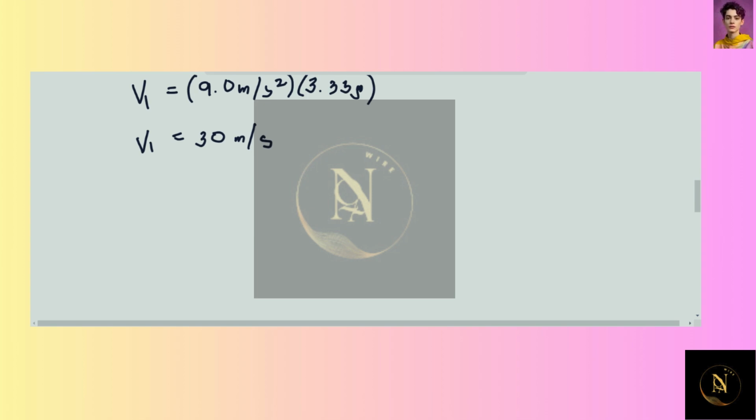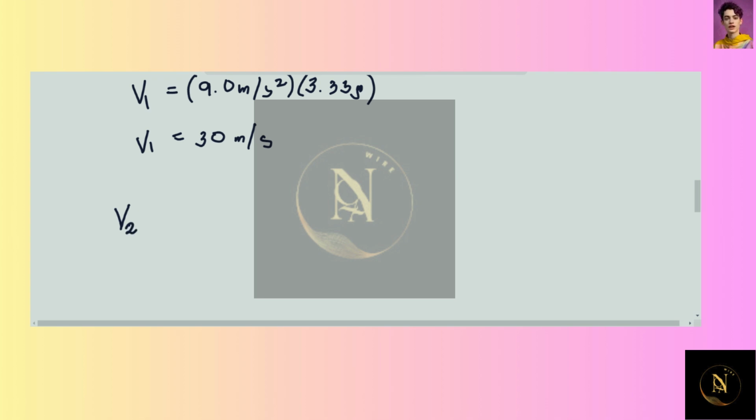What we are looking for now is t sub 2. We will use the same formula. Again, rewriting, now v sub 1, what we're looking for is t sub 2.